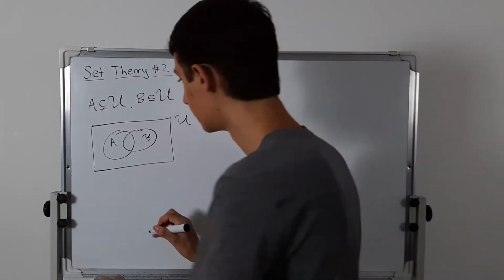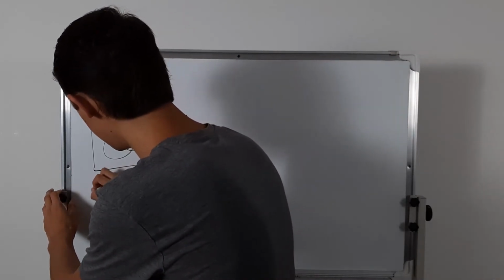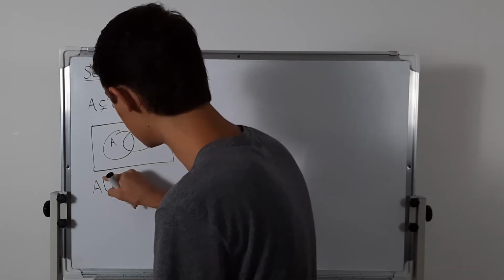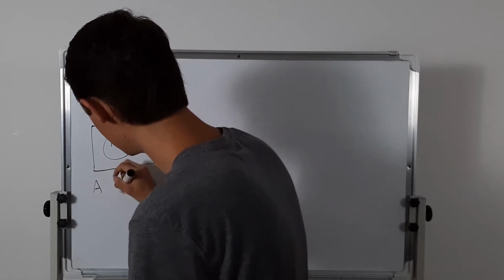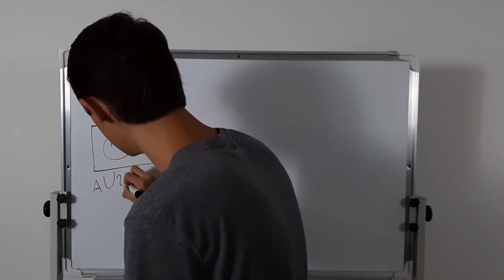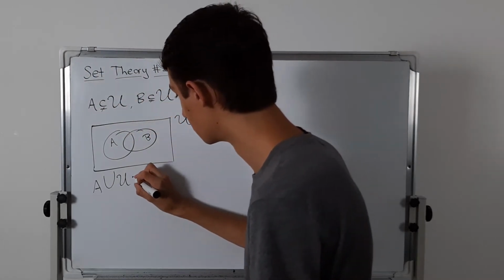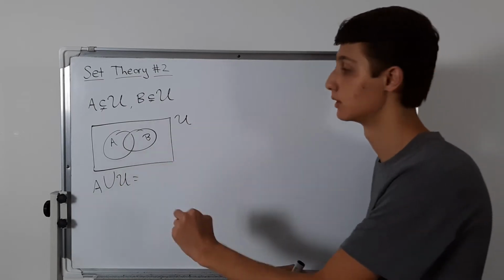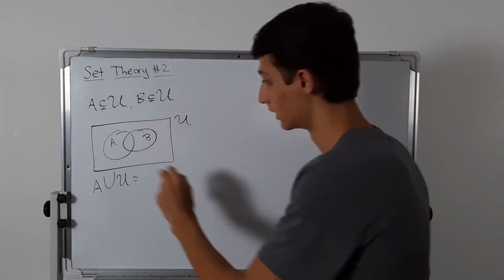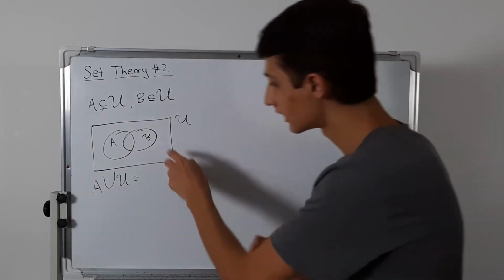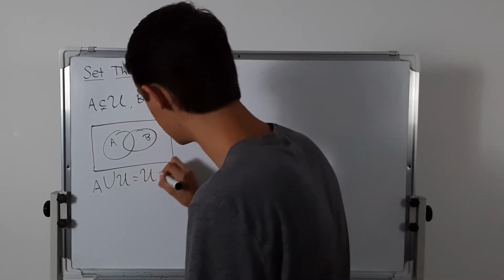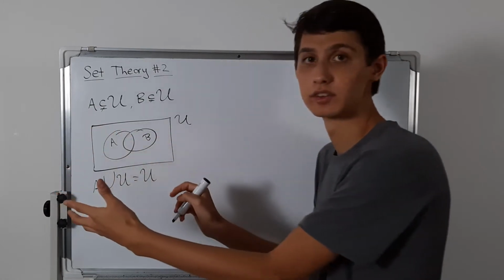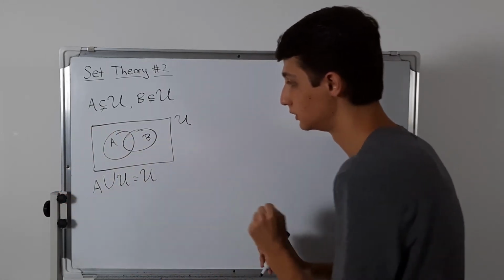If we take the union of A and the universal set, what are we going to get? Well, the union is just all the elements that are in either one. And so we're going to actually get the universal set back, because any point in the universal set is going to be part of our union.